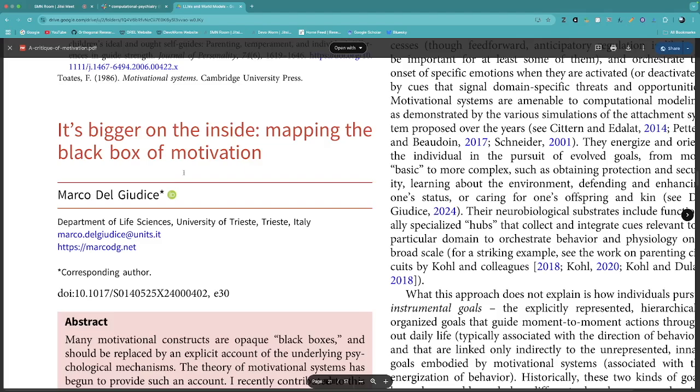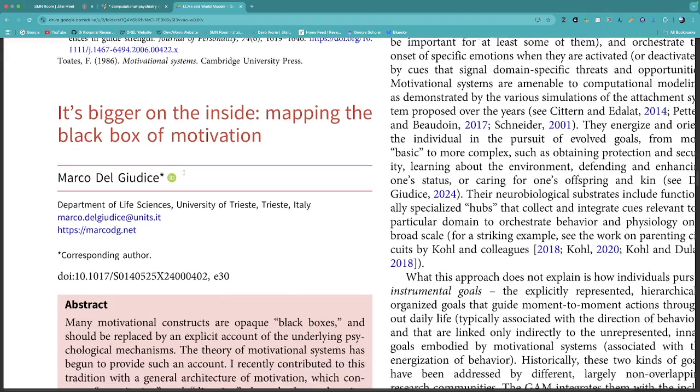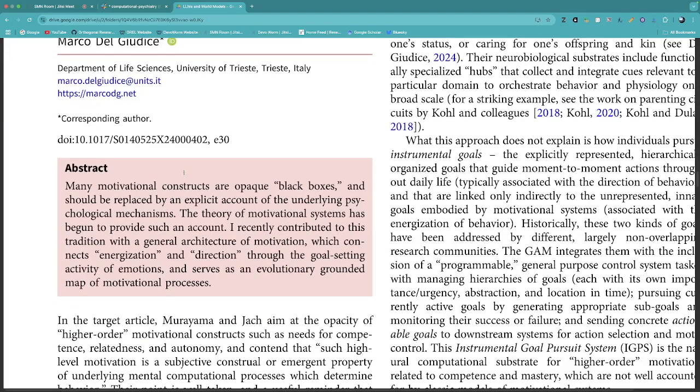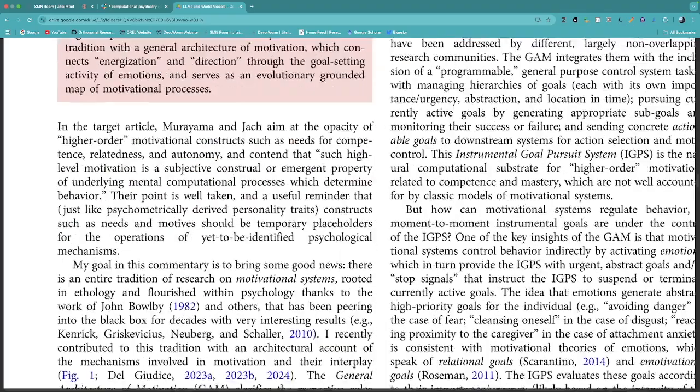This one is, It's Bigger on the Inside: Mapping the Black Box of Motivation. And this is, many motivational constructs are opaque black boxes and should be replaced by an explicit account of the underlying psychological mechanisms. The theory of motivational systems has begun to provide such an account. I recently contributed to this tradition with a general architecture of motivation, which connects energization and direction with the goal-setting activity of emotions and serves as an evolutionary grounded map of motivational processes.